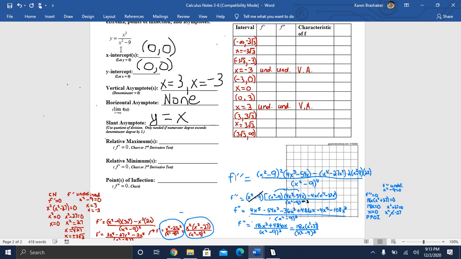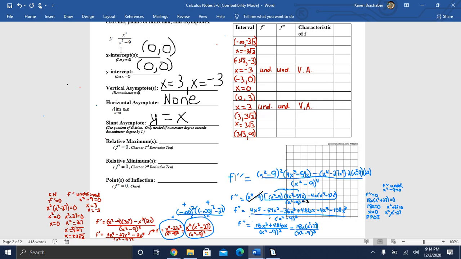So if I took -100 and squared that, and then took -100 squared minus 27, and then divided that by my denominator, which no matter what x is, is squared. My denominator is going to be positive, this is going to be positive, and this is going to be positive.